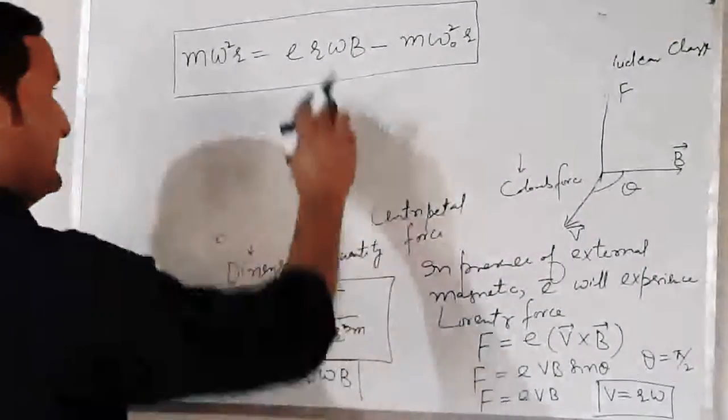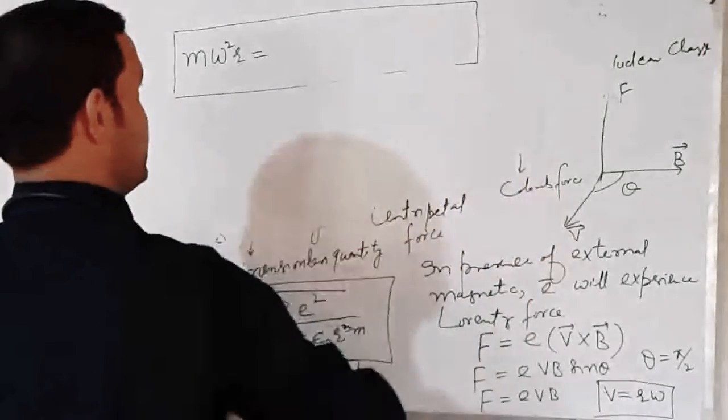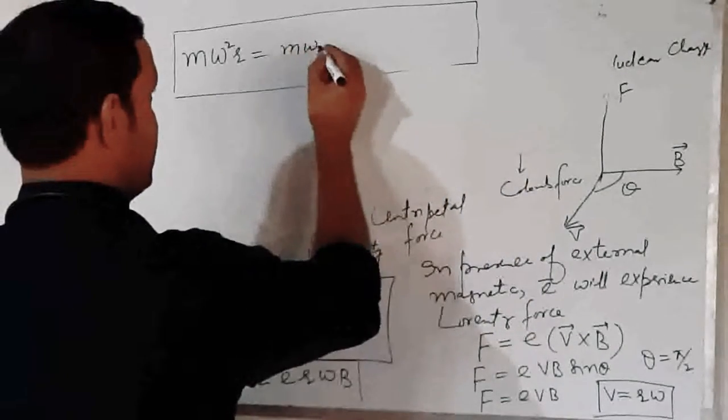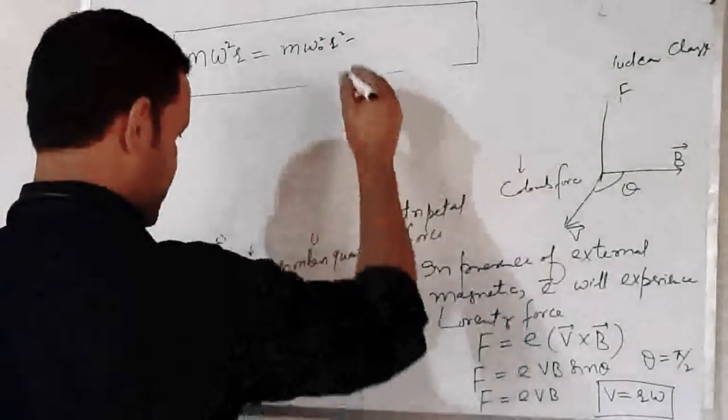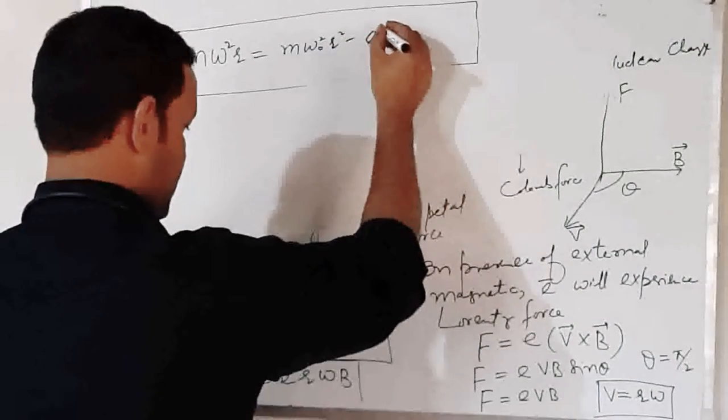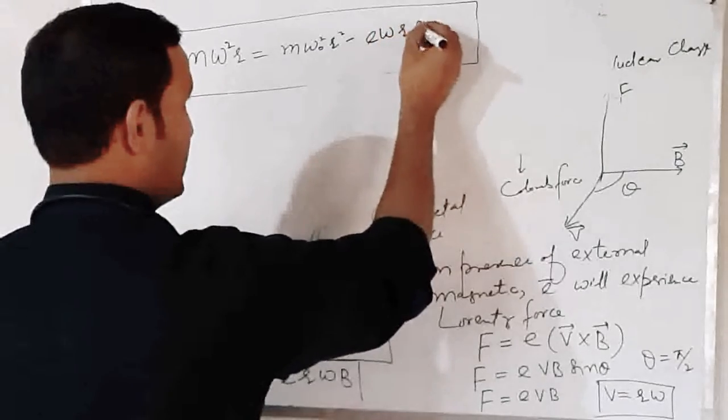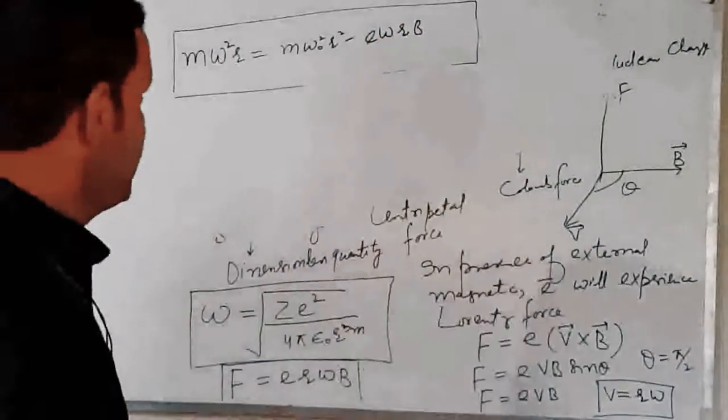Sorry, we can write it as m omega naught square r minus Lorentz force. The Lorentz force is e omega r B. So this is the right equation.